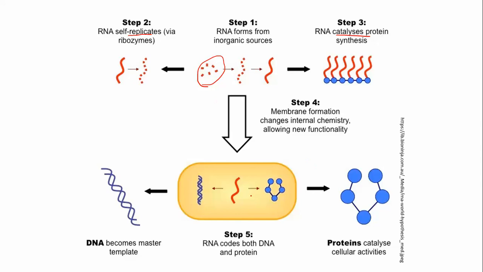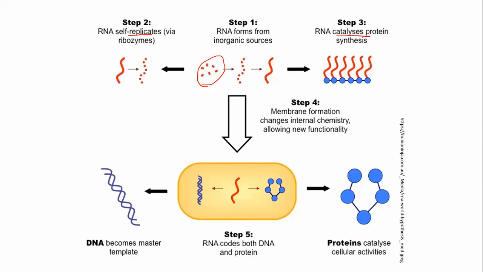If all of that gets shoved into a cell membrane, then you start having the precursors of a cell because you've got something self-contained, self-replicating, it can pass on traits, it can catalyze chemical reactions, and then eventually DNA could become the master template and then end up coding for proteins to catalyze all these chemical reactions.